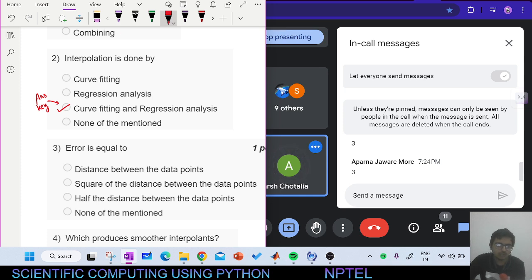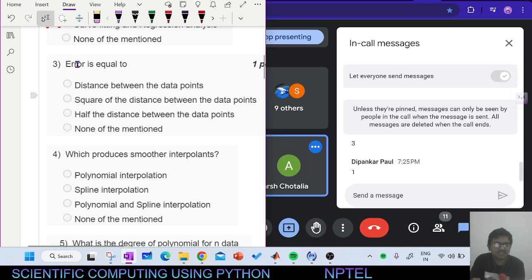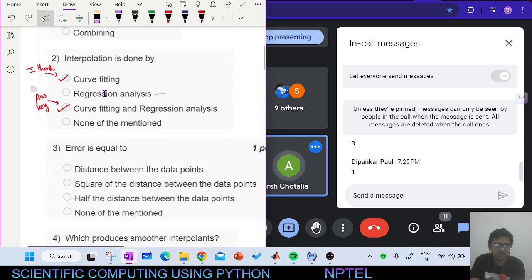So I think the correct answer should be curve fitting. This is what I think. Does anyone have a different opinion? One, Dipankar. Yeah, thank you for supporting me. Okay, so let's proceed.